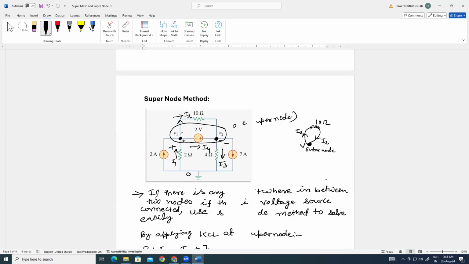Sir, here we are saying V1 minus V2 is 2, so I4 will have no use here. No, to calculate I4 we first have to find out I1, I2 and I3. Then we can identify the value of I4 by using KCL.